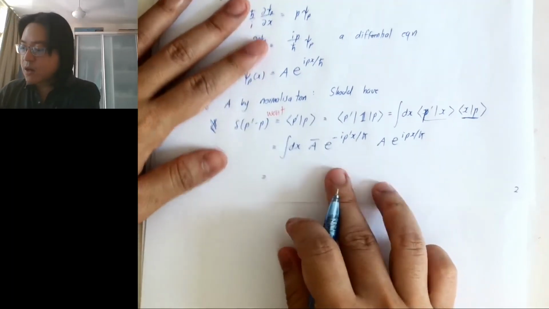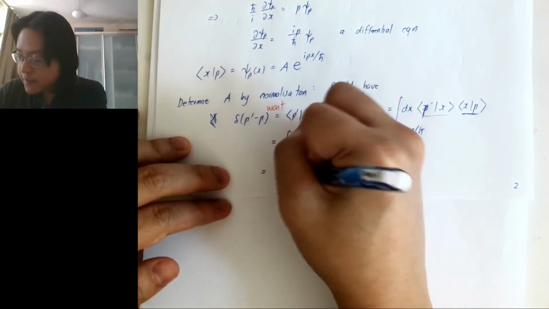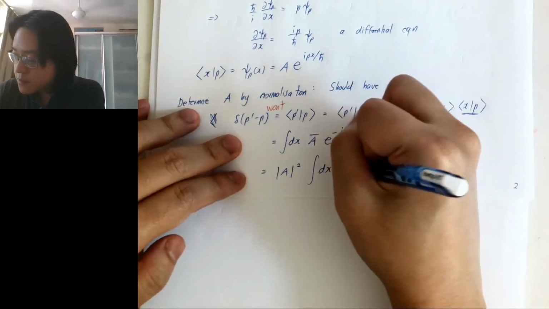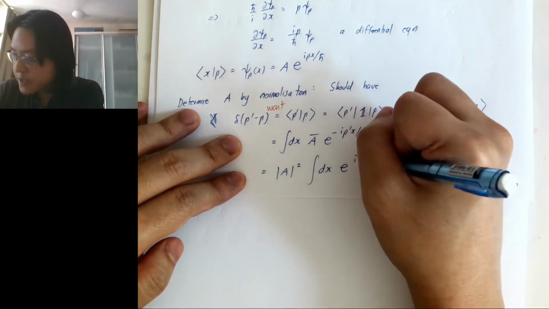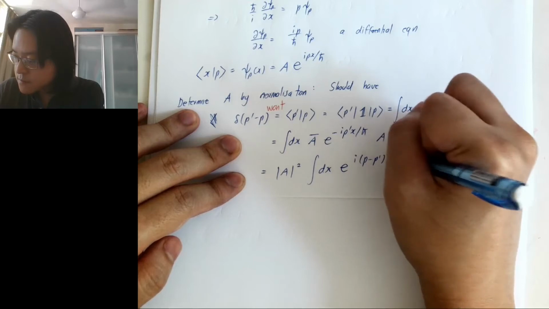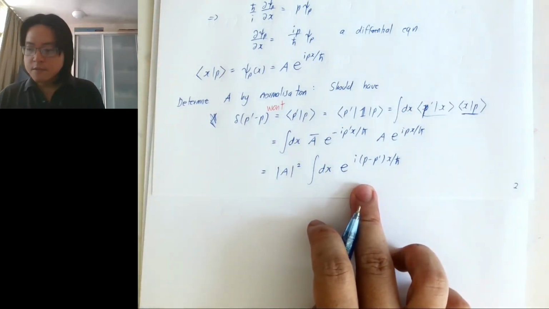So the a are constant, so I will move this out. Complex conjugate times a is just the absolute value, and then e and e I will group them together, so I got i p minus p prime. Okay, so I got this now.